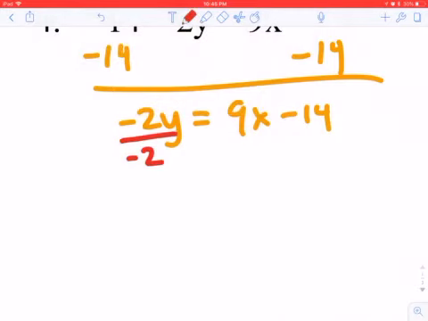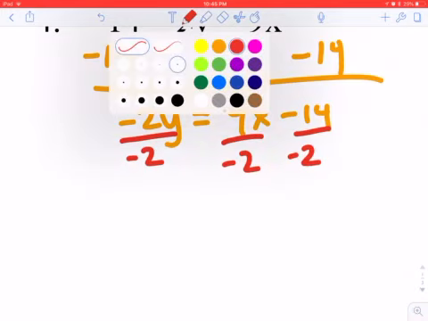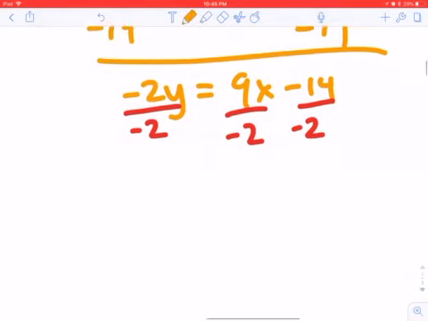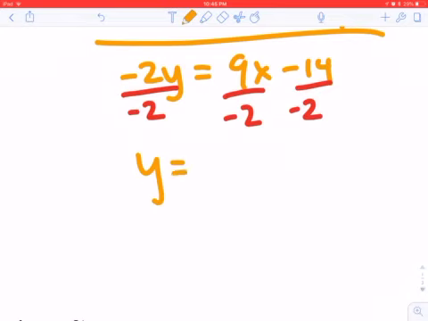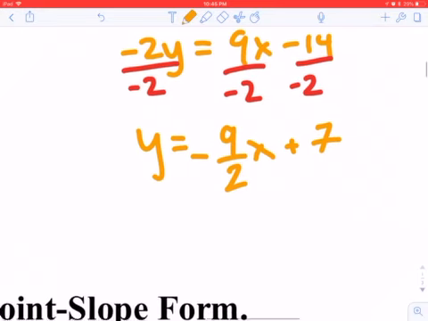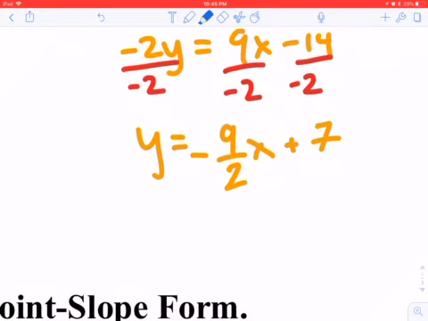And then I need to make y by itself. Divide every term by negative 2. So I get a positive y is equal to negative 9 over 2 x. I'm going to put the minus out there. It doesn't matter if the minus is on the top or the bottom or the side. They're all the same. And then 14 over 2, that reduces to 7. So here's our slope.